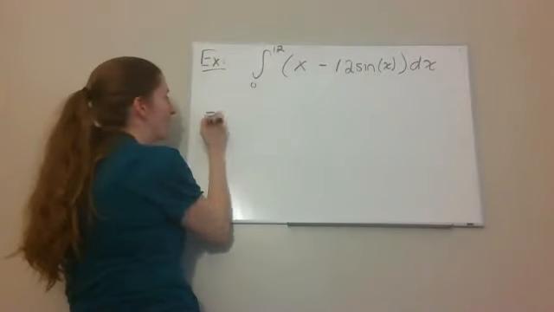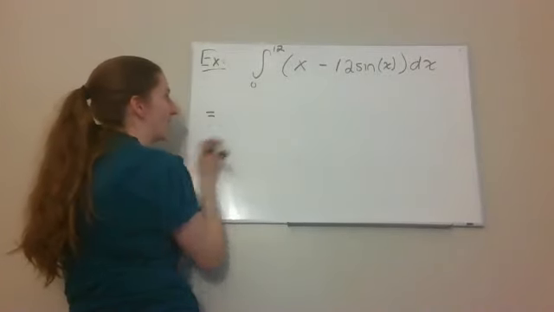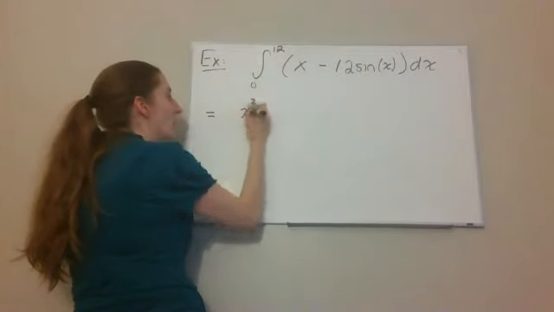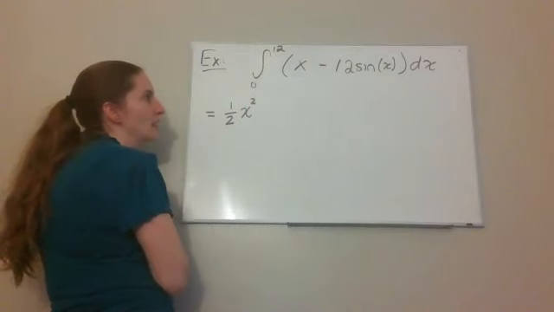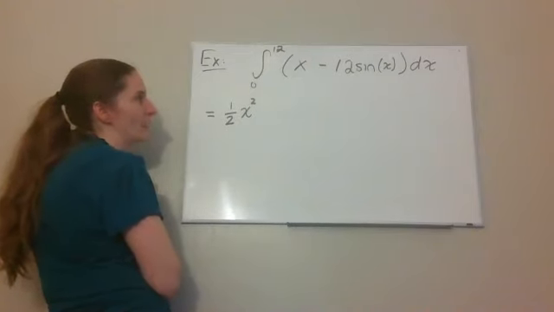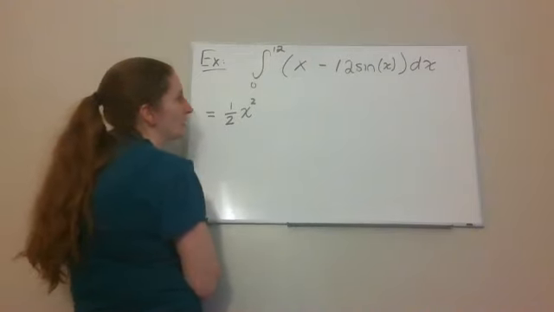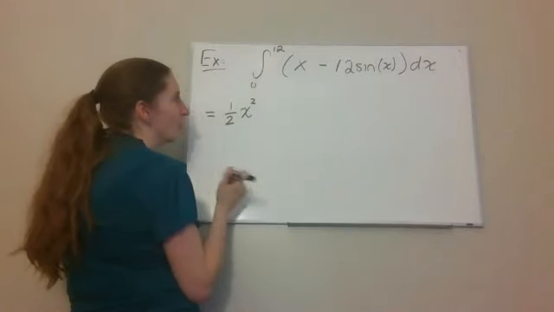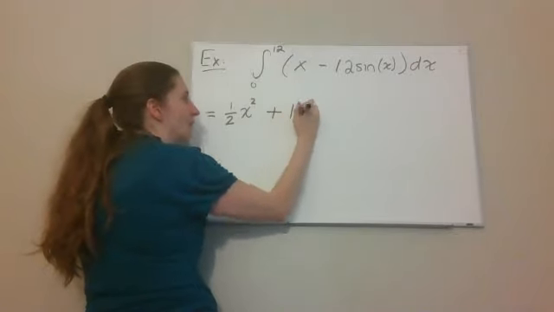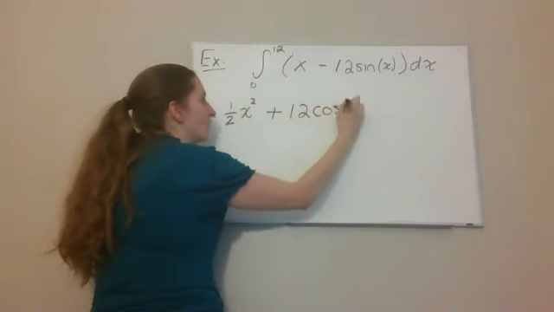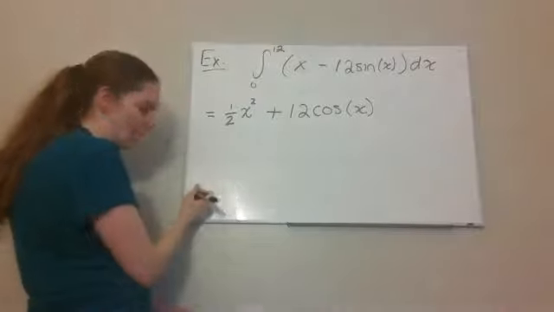So first, I need to do the antiderivative of x. That's a power rule. Add 1 to the exponent, divide by the new exponent. Now for this minus 12 sine x, I know the antiderivative of sine would be negative cosine. So this minus actually becomes a plus, and I get 12 cosine of x.